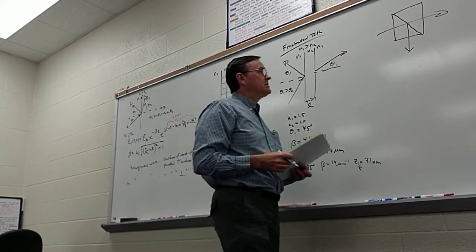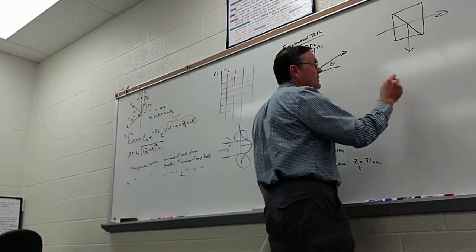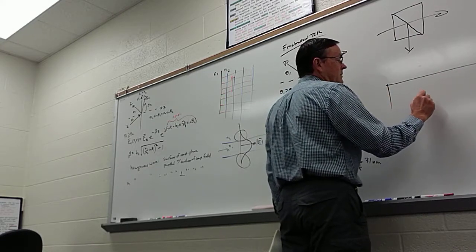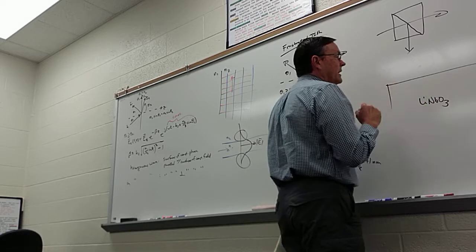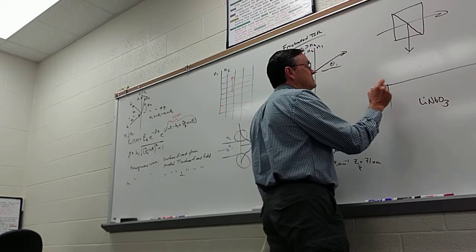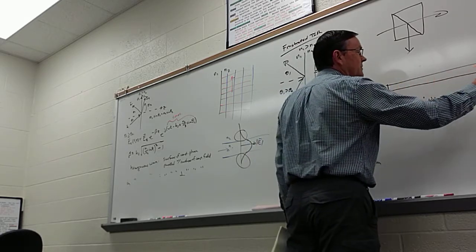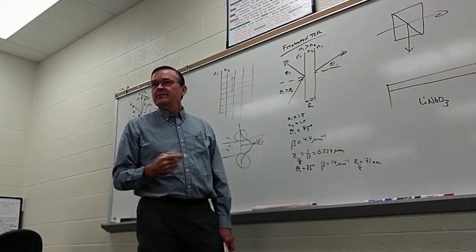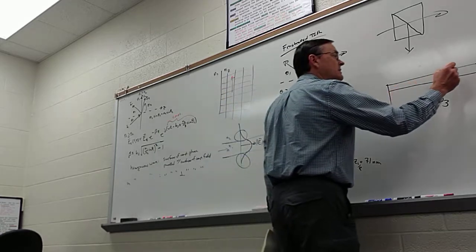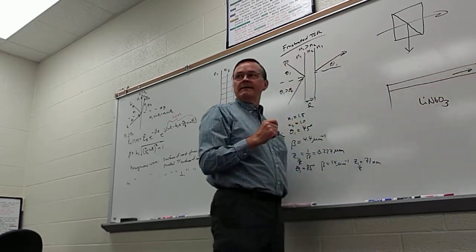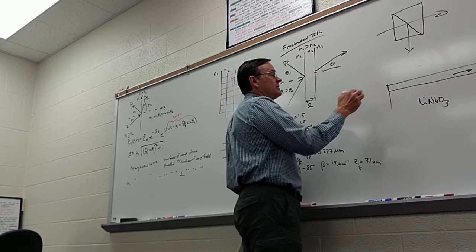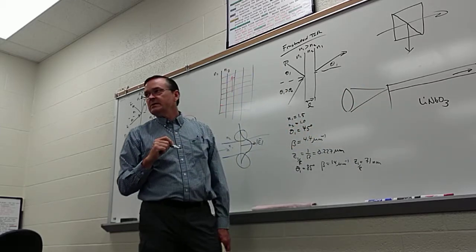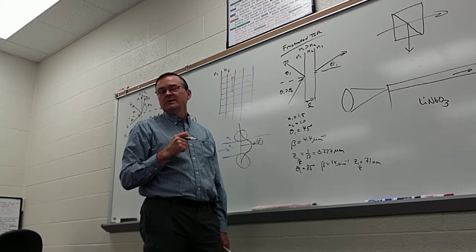Another situation is some of you have done some slab waveguide work, like in lithium niobate. You do ion exchange or titanium indiffusion, and you end up with a slab waveguide. Then the question is, how do you couple power into that slab waveguide? You could do end-fire coupling over here, focusing light down into the waveguide, which is kind of a pain.